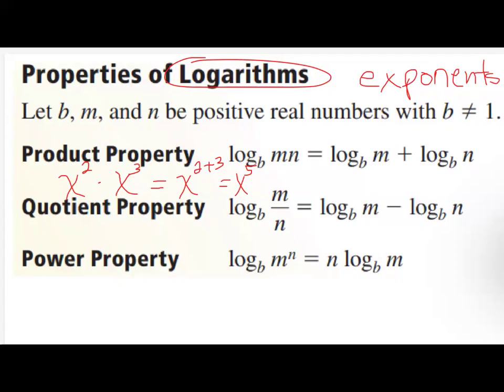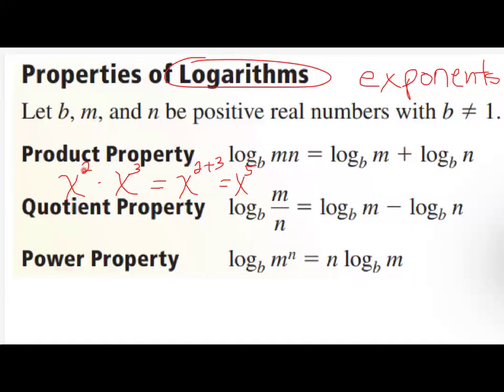So the product property says that if you've got the logarithm of two numbers being multiplied together, then you can add them. So you take that same base, log base b of m plus log base b of n. That's just how it works.